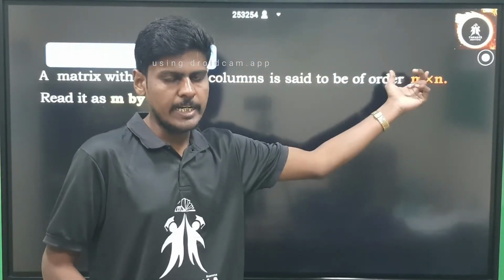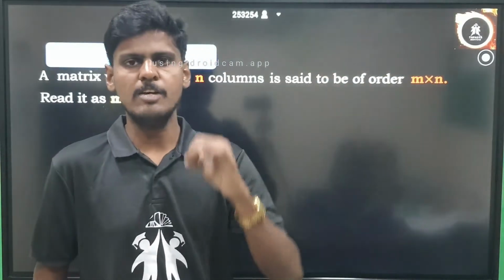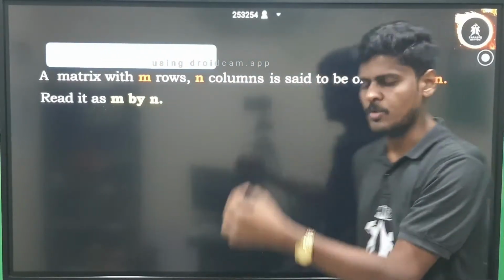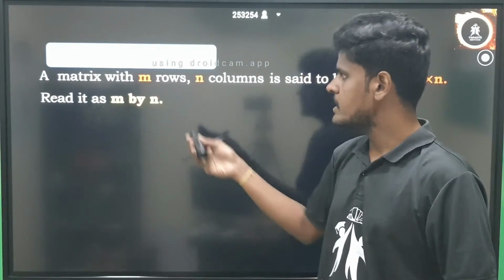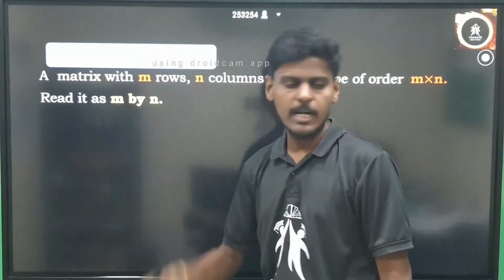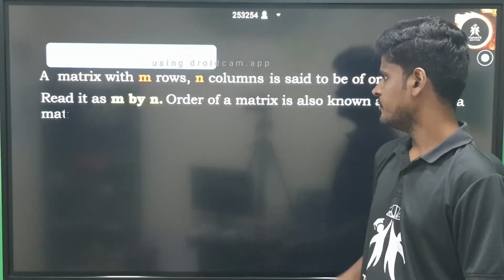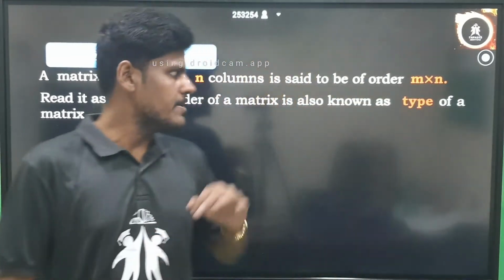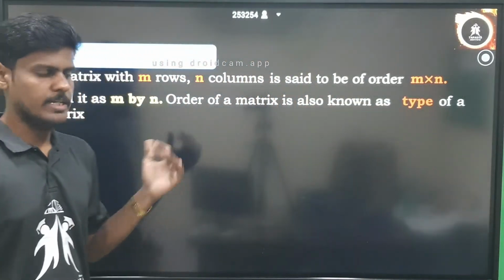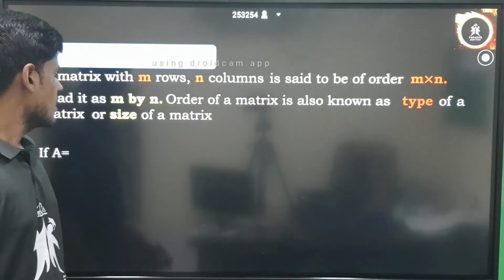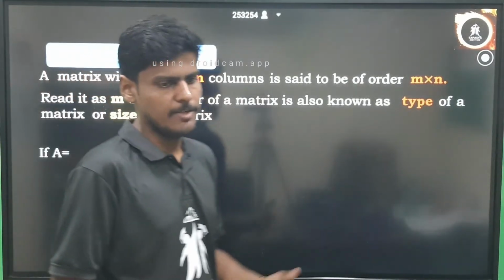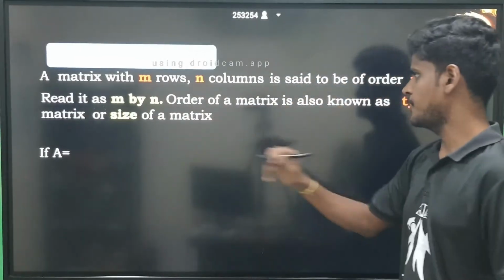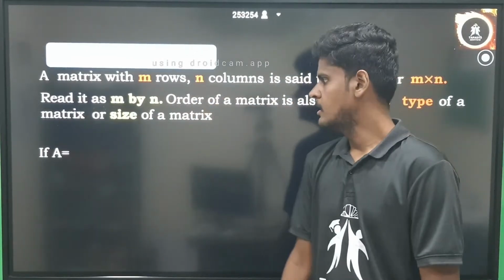We generally read it as m by n. Matrix of order 3 by 2 means 3 rows and 2 columns. M by n means m rows and n columns. Order of a matrix is also known as type of matrix or size of matrix. There are different ways to say order. Generally we prefer to write order.